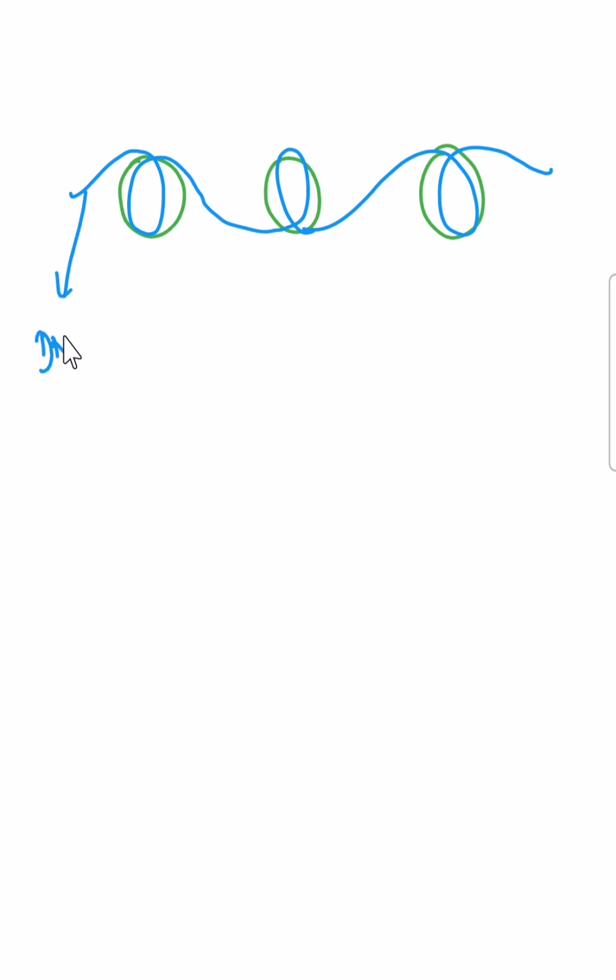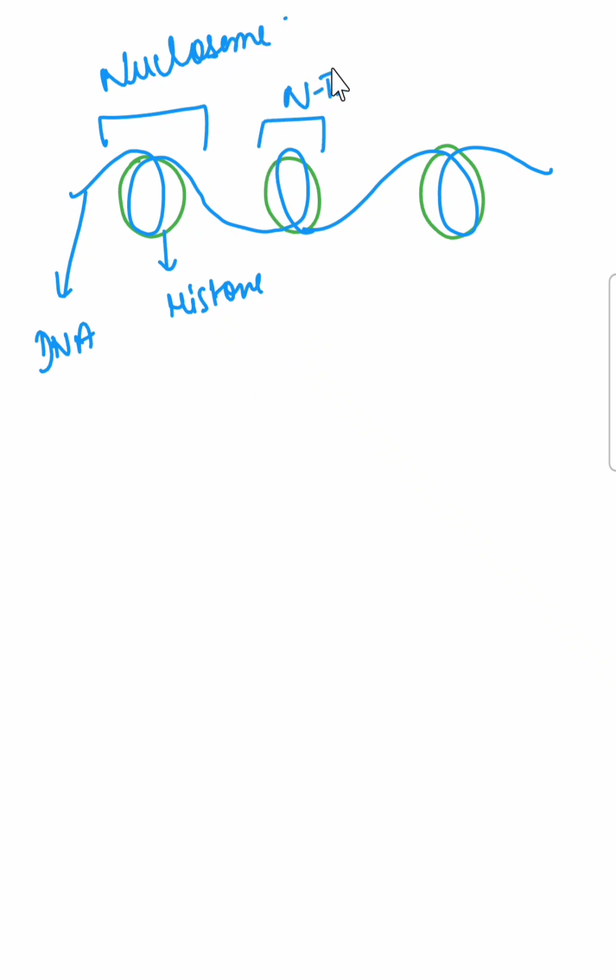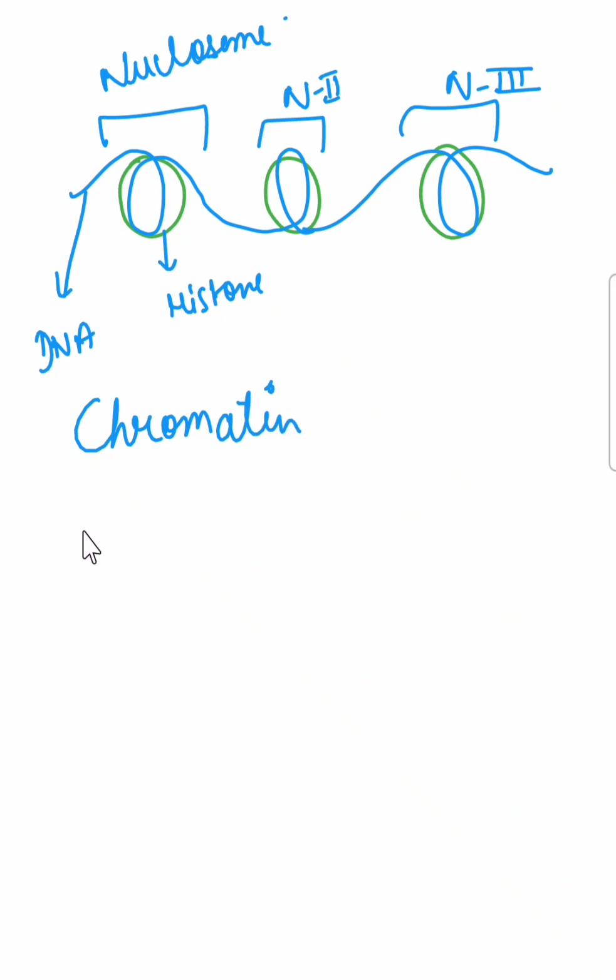This is DNA, this is histone, and the collective unit is called nucleosome. Again, this is nucleosome 2, this is nucleosome 3, and the same way that forms a condensed structure, not too much condensed obviously, chromatin, which gives the appearance of beads on a string.